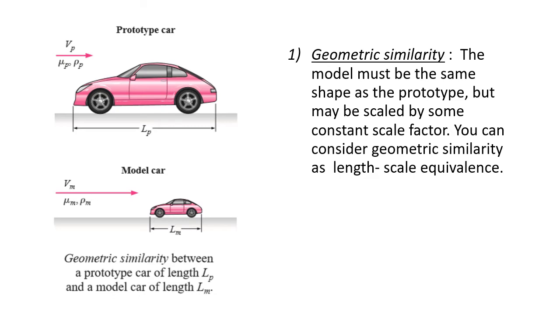So if you look at this, this is a prototype car that runs on the road. But before constructing this prototype car, we are going to construct a small, scaled down model of that car. We are going to study all the effects on this, and next we design it. This we call geometric similarity.